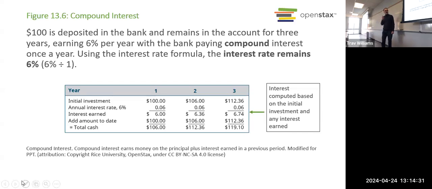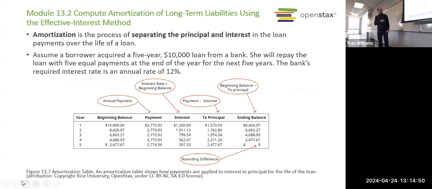And why does compounding interest increase? Because you're getting interest on what? Your interest. On your interest. Very good. And then we got to amortization, right? This is amortization of a loan.